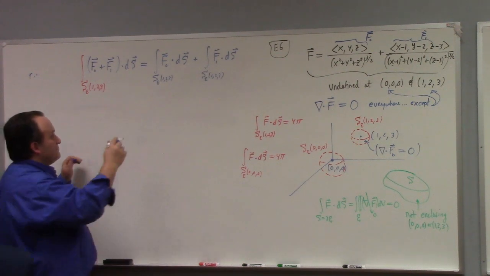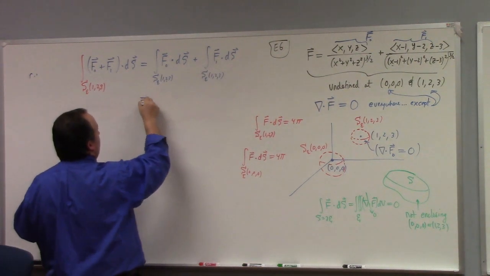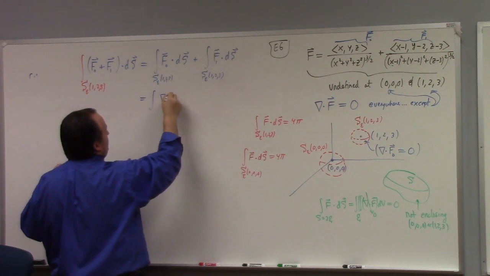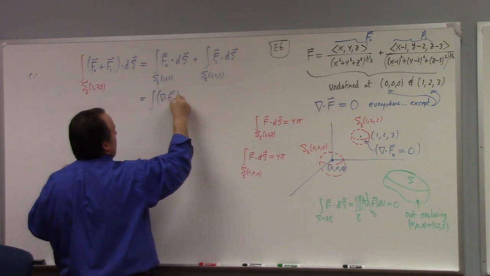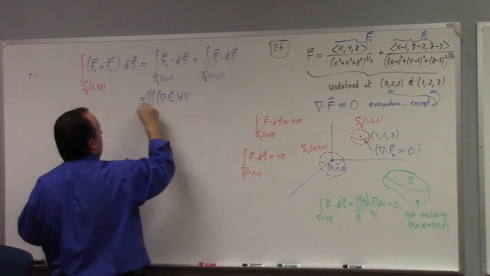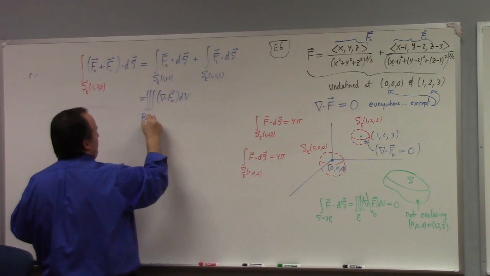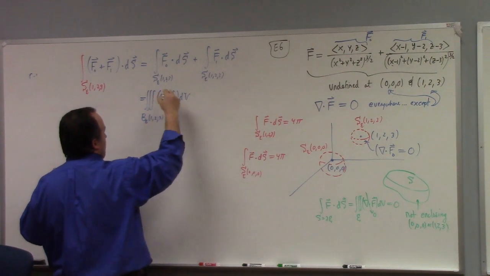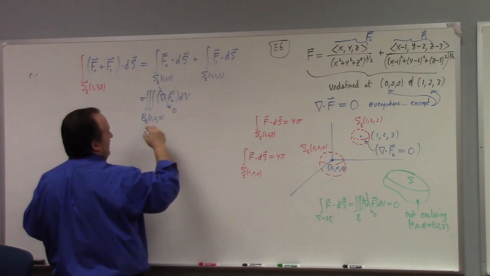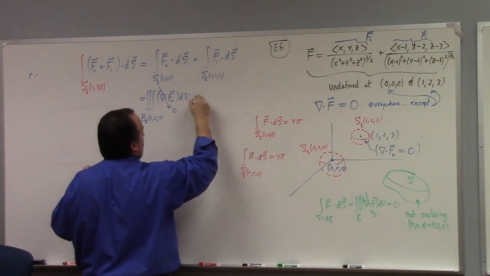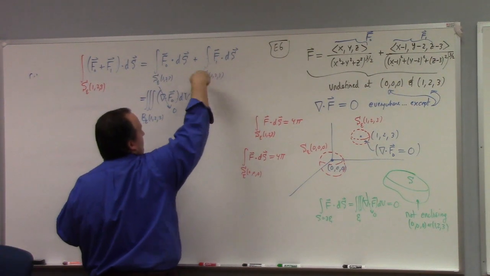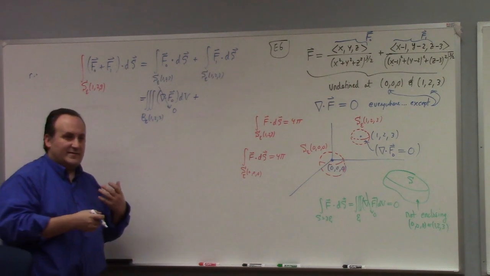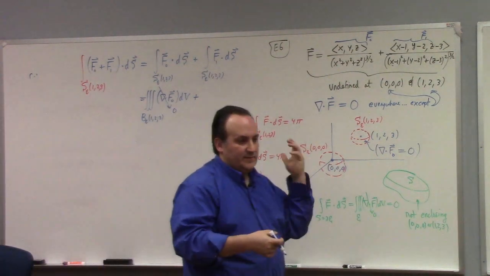So for the F0, I can legitimately apply the divergence of F0 dV over the ball of radius epsilon centered at 1, 2, 3. Through a completely legitimate application of the divergence theorem, that piece is 0. But on the other hand, by the calculation I've already done today, it's the same formulas, just shifted to 1, 2, 3.